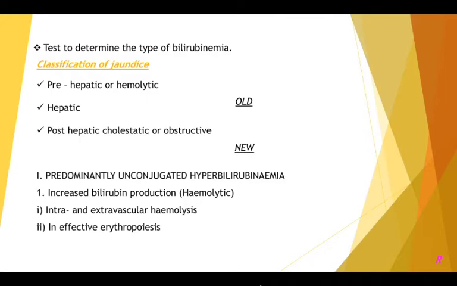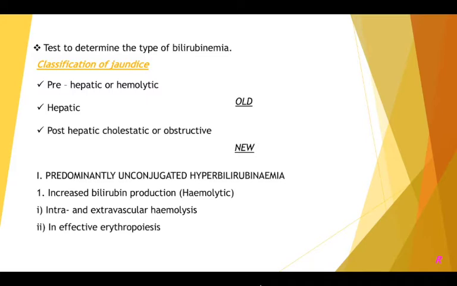Sorry, I've said it wrong. If the bilirubin is present in urine, it means it is conjugated hyperbilirubinemia, because only conjugated bilirubin can pass through the kidney and get excreted through urine.